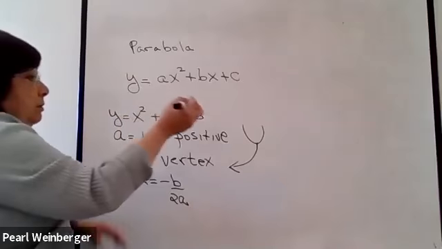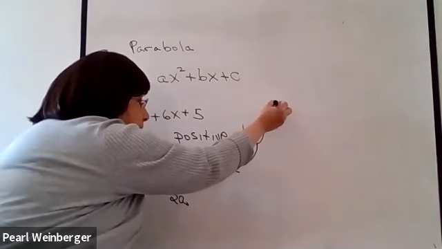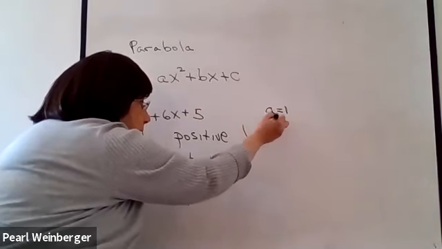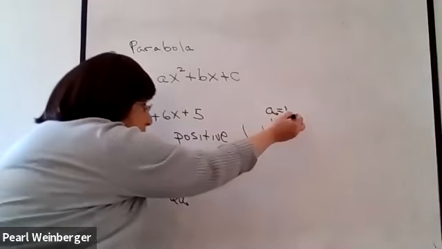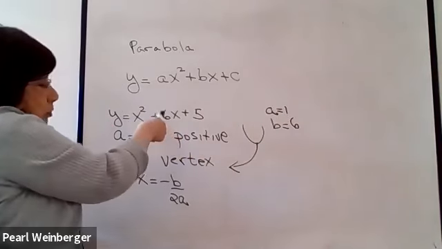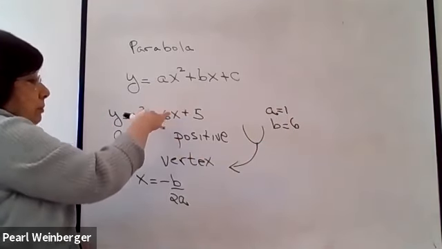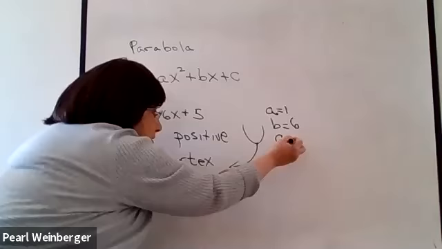In this particular case, as we mentioned, our a is 1, our b, the number in front of the x, is 6. Notice if there wouldn't be any x term, then your b would have been 0. And your c is 5.